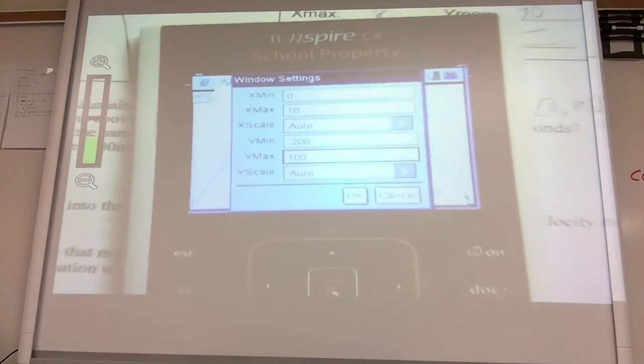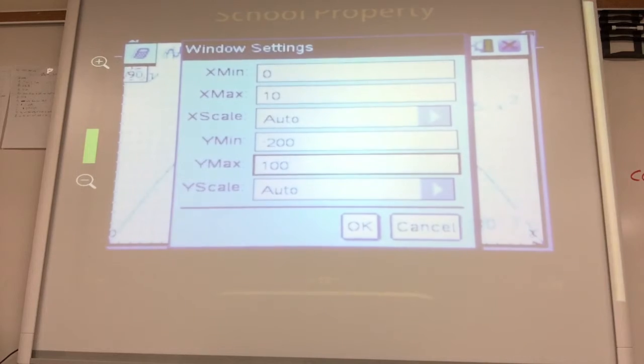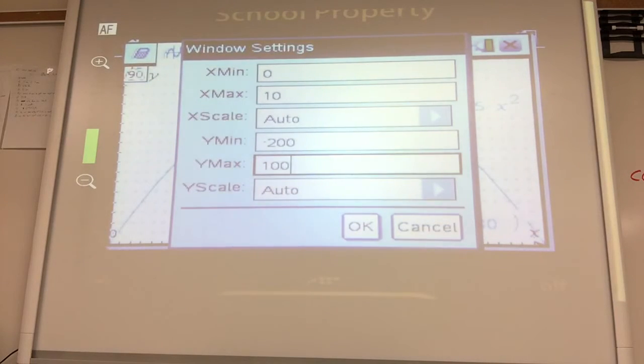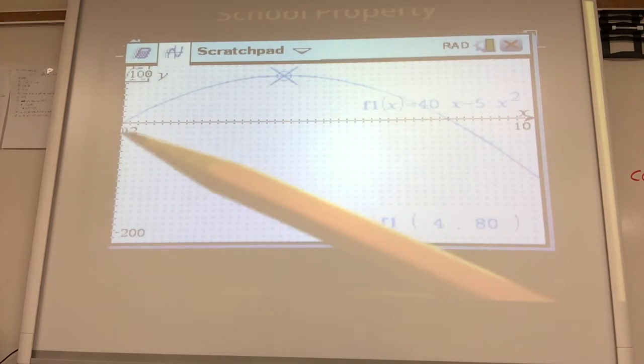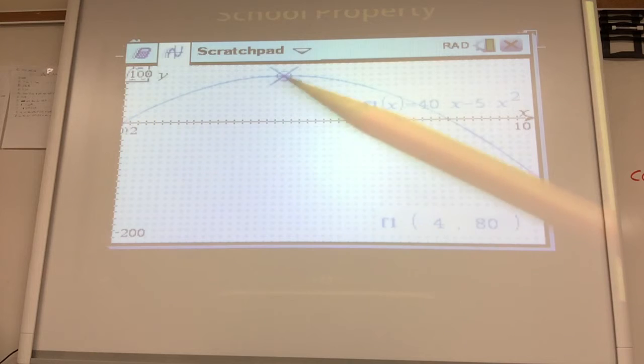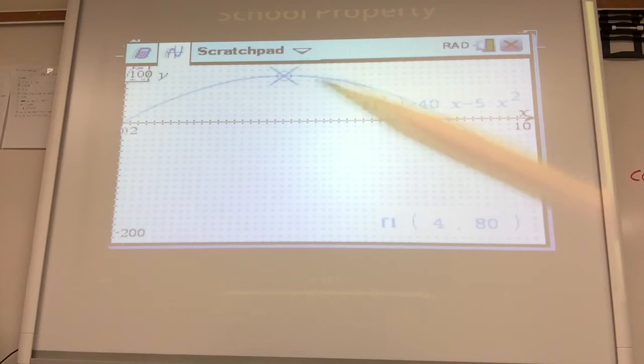All right, this graph is going to look a lot smaller now that I've changed this window. I'll zoom in real quick. The question was, when is it going to hit 100 meters below the cliff? Here's the cliff. That's where I threw it from. 4 seconds later, it's 80 feet up in the air. 8 seconds later, it's back at the same height that I threw it from.